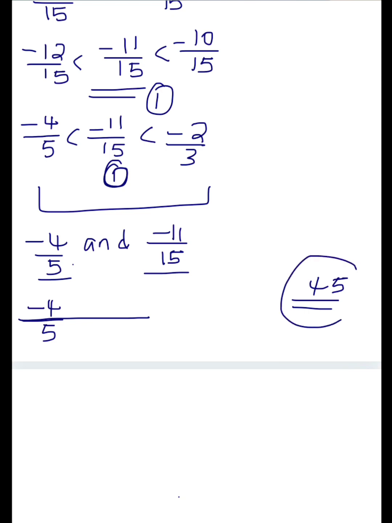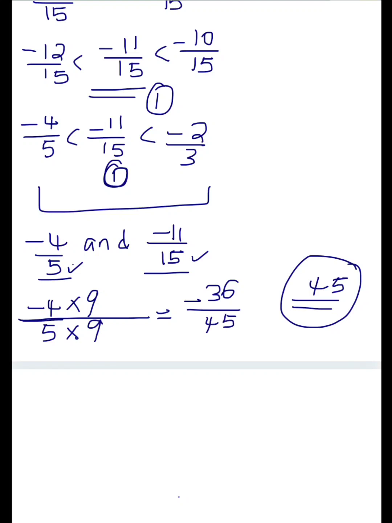So I am taking it as 45, because in the multiplication table of 5 you can see 45, as well as in the multiplication table of 15 you can see 45. So in order to make this 5 as 45, you have to multiply it with 9. So both sides I am multiplying it with 9, so that I will get the answer as minus 36 by 45.